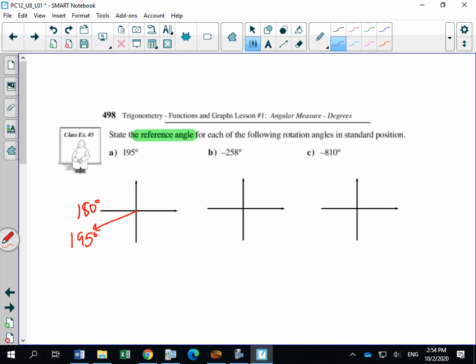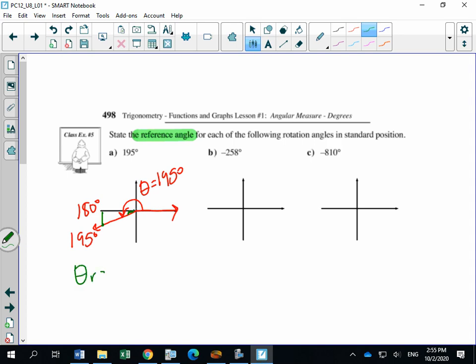195 degrees. If I was to draw my angle in standard position, or my rotational angle as they call it, theta is equal to 195 degrees. They are interested in the reference angle. So the reference angle is made from the acute triangle, and this little angle here would be the reference angle.